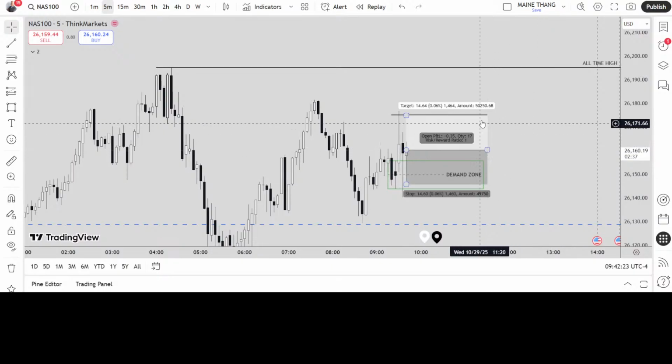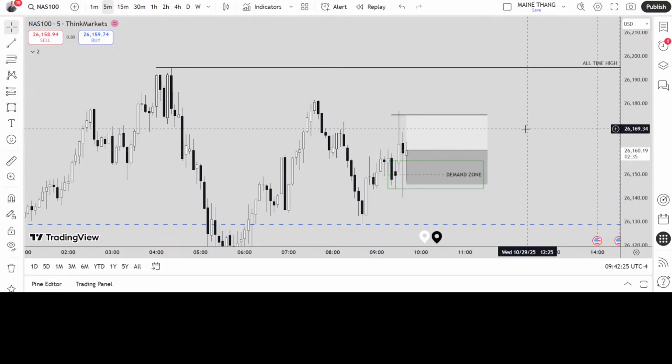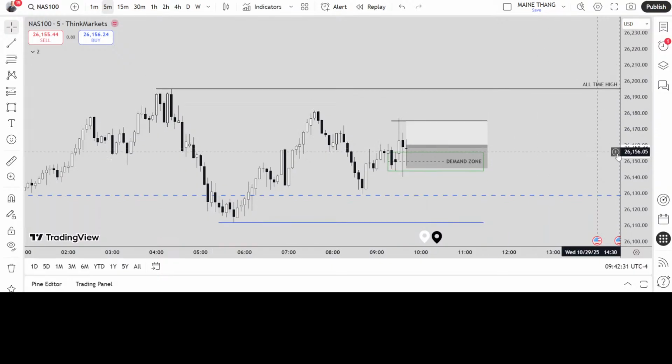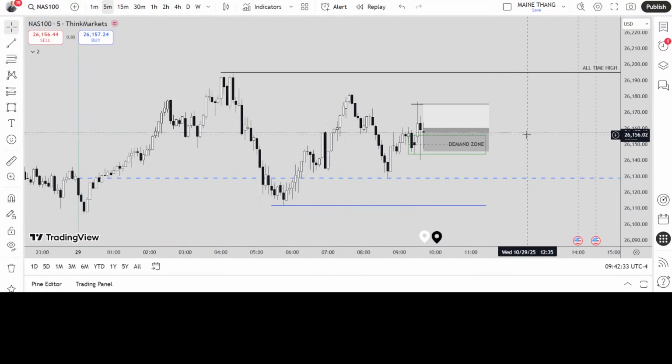Let's see if it's max 1-1. But yeah, wouldn't take this trade.